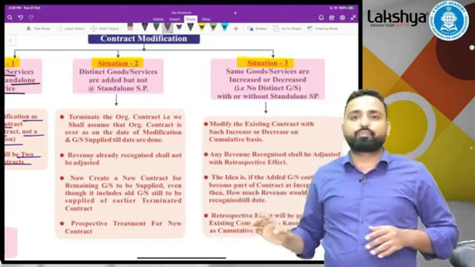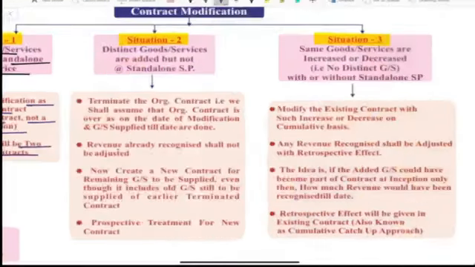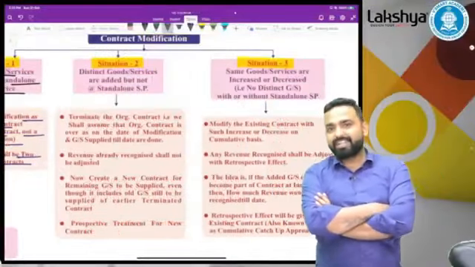Just read situation 2 first, and then we'll discuss. Have you read that?